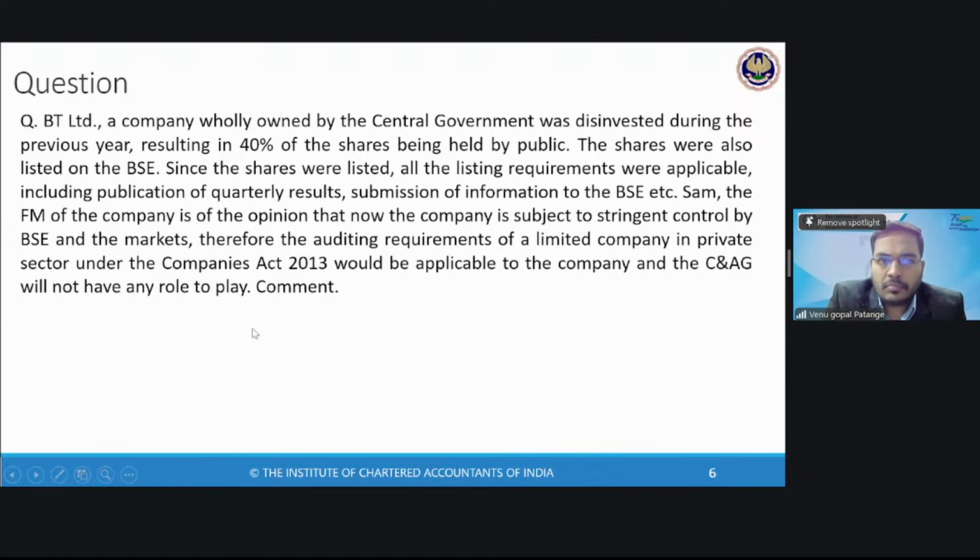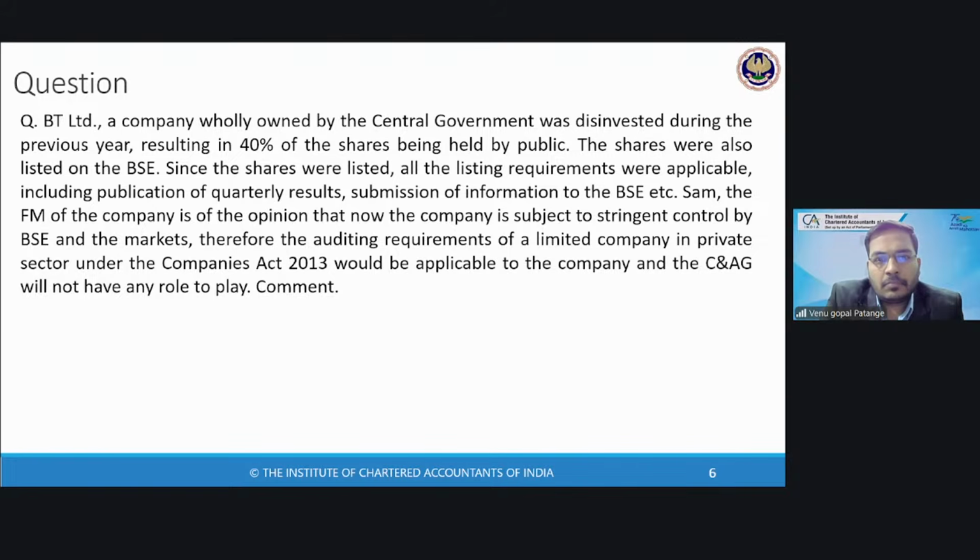Since the shares were listed, all the listing requirements were applicable, including publication of quarterly reports, submission of information to the BSE, etc. Sam, the FM of the company, is of the opinion that now the company is subject to stringent control by the BSE and the markets. Therefore, the auditing requirements of a limited company in private sector under the Companies Act 2013 would be applicable to the company, and C&AG will not have any role to play.